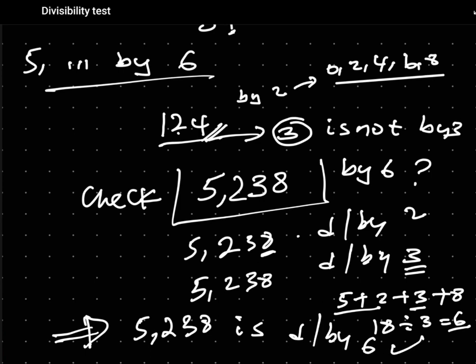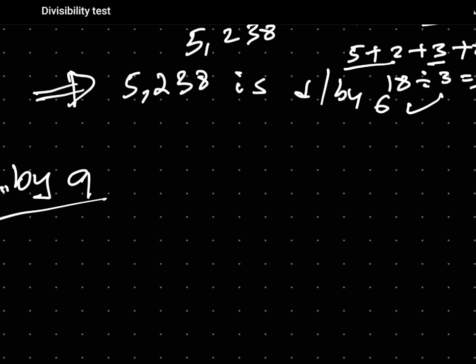We check right. How do you check whether a number is divisible by 9 or not? So it is something analogous to the divisibility test by 3. If the sum of the digits of a number is divisible by 9, then the whole number is divisible by 9. For example, let's start with this one. 918.